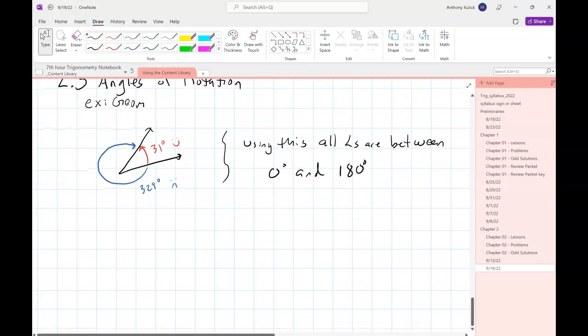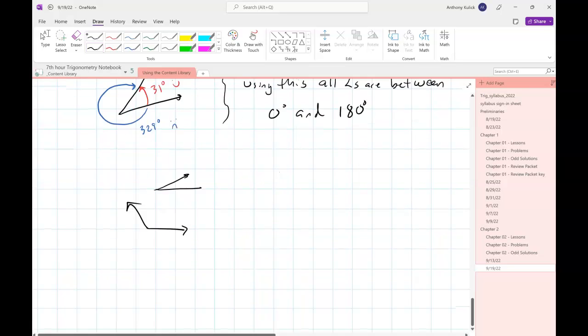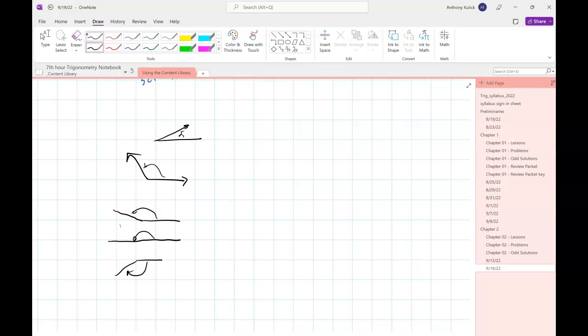Well, if I'm stuck with this kind of convention, the geometric way of thinking about an angle, the biggest angle I can draw is 180 degrees, right? Like I can start here, and maybe I draw one like this, and then one like this. But as soon as I draw this way, I have to measure from the other direction. You know what I mean? So 180 is like the biggest angle you can draw in geometry. Let's fix that.